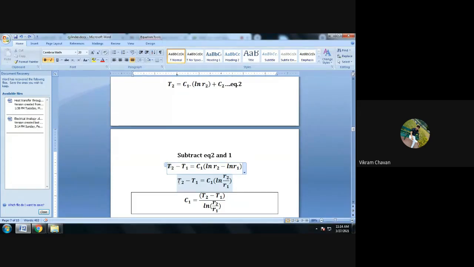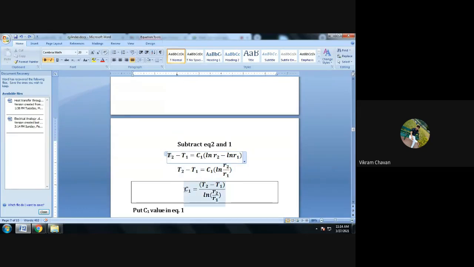If you want to find the constant C1, we have to convert this equation in the form of C1. So C1 is equal to T2 minus T1 whole divided by ln of R2 divided by R1. Getting everyone how to find the C1 value?